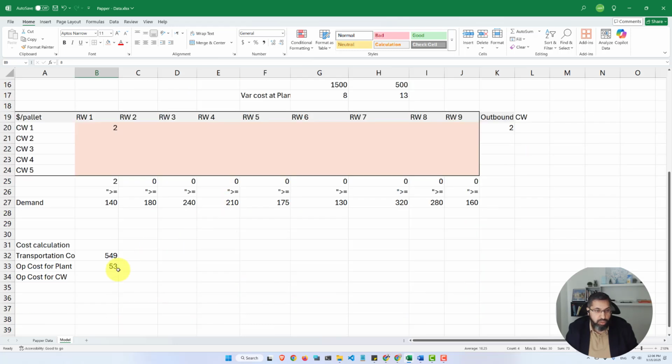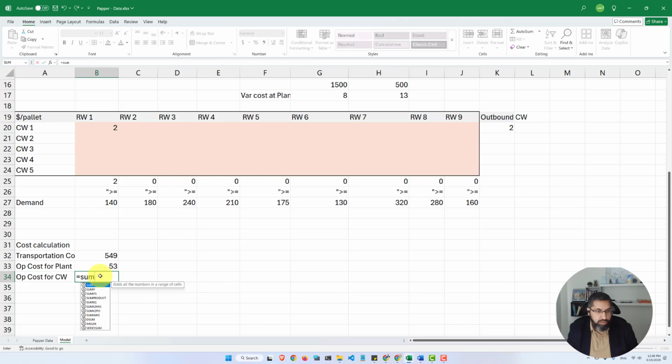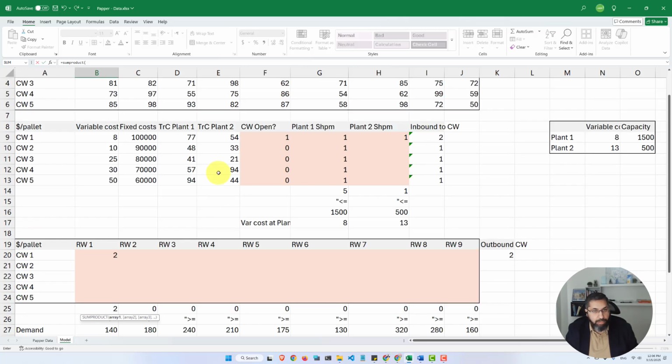So we'll do a sumproduct of these binary variables telling us whether a central warehouse is open or not times their fixed costs, okay, and then plus do another sumproduct for the variable cost, all of these variable quantities that they receive times the variable processing cost for each piece that they receive.